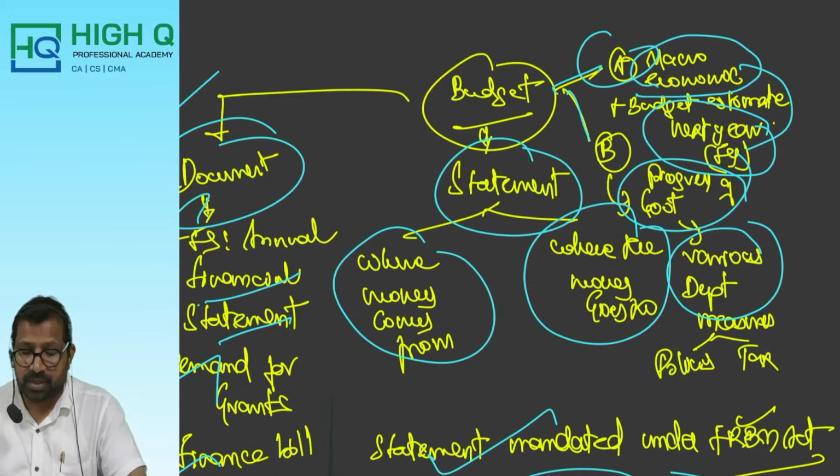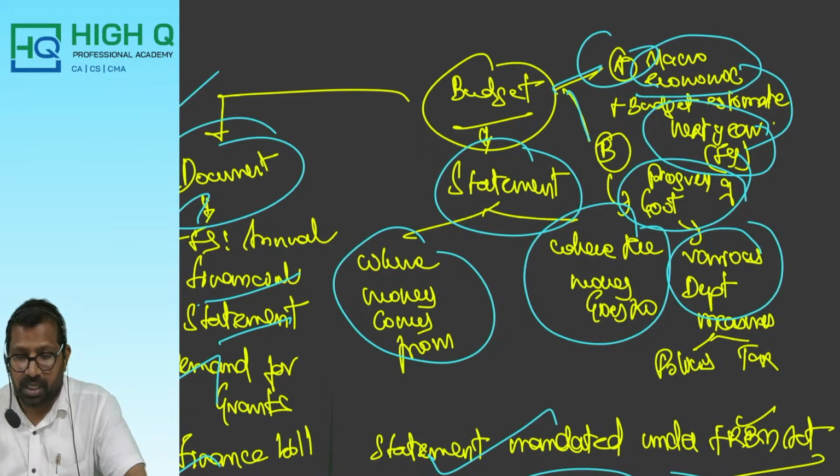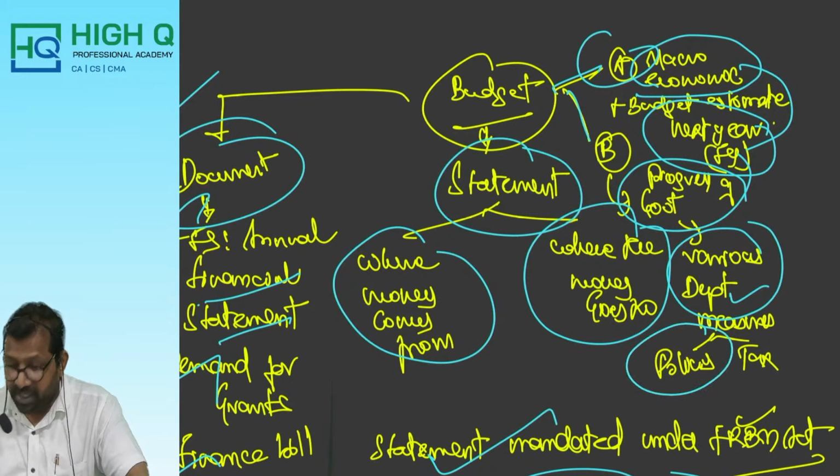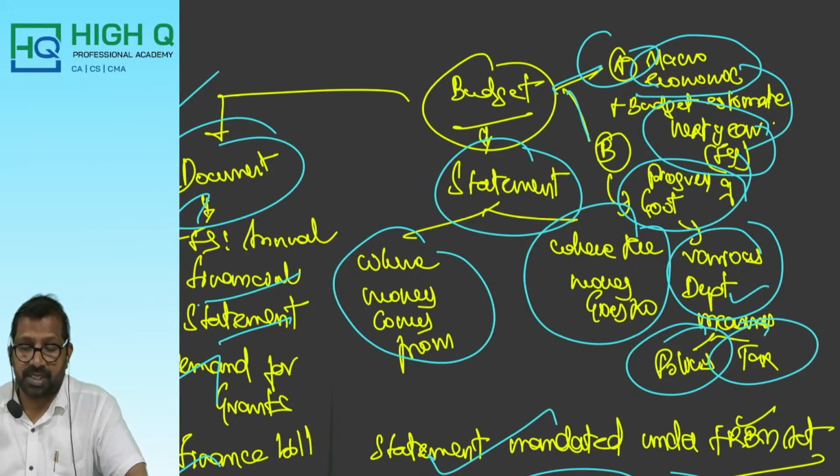So exclusively part B deals with the government activities in various departments. What are all the various policies enacted by the government, and what are the various tax measures to be taken? Sometimes every year they might bring some changes with regard to both personal tax, direct tax as well as indirect tax, which are also included in part B.